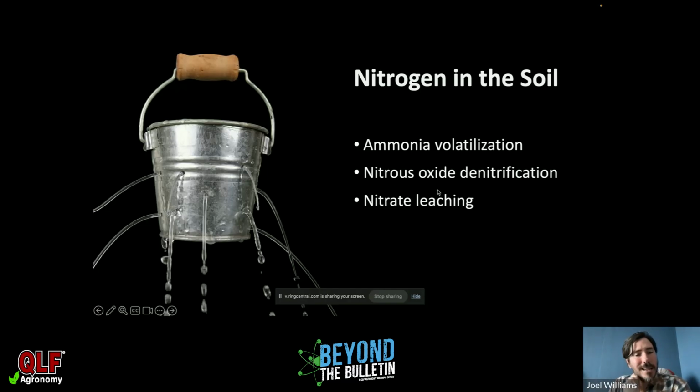Some of the nitrate under waterlogged conditions can also go through a process called denitrification, which leads to nitrous oxide production, and those nitrous oxides will also off-gas into the atmosphere. So we have ammonia gas, nitrous oxide gas, and of course the nitrate leaching.